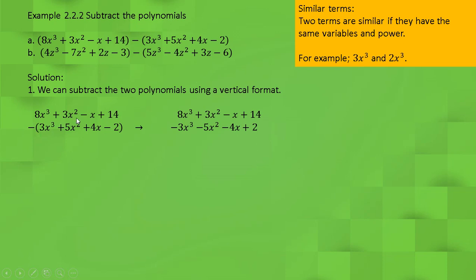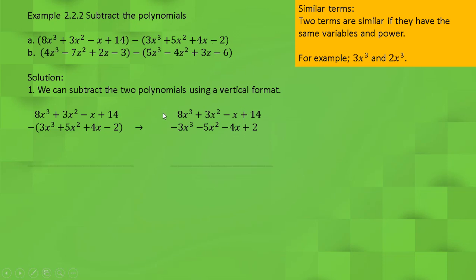But you have to transpose it, or convert it into addition, and then change the sign of the subtrahend. So, ang imong ipang change ang sign, if this is positive, mahimong negative. So, since we have here positive 3x cubed, nahimo na siya negative 3x cubed. Positive 5x squared, nahimo siya negative 5x squared. We have plus 4x, minus 4x, and then minus 2, nahimong plus 2.